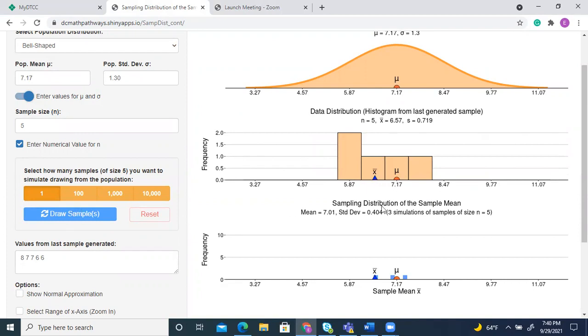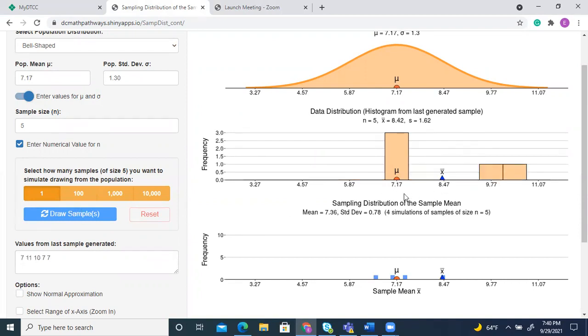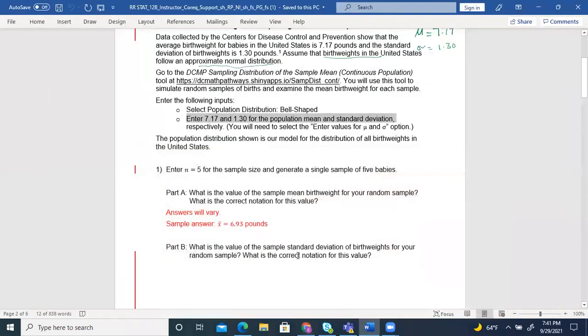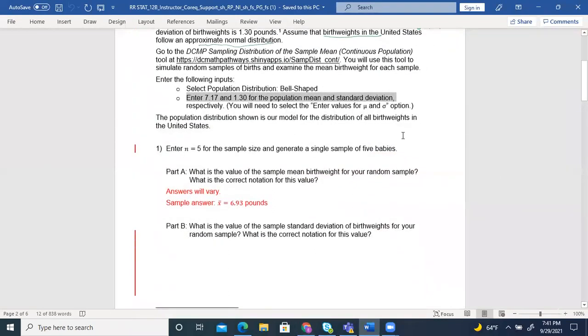Every time you will have a different value, but it's going to be close, as the sample means are close to the population mean. So if I go back to my activity, let's try to answer these questions.